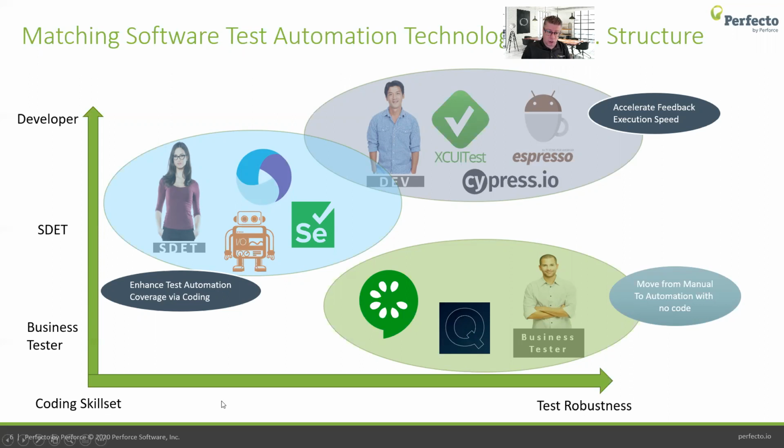Obviously, you need to talk about not just the coding skill set among the three different personas, but also the test robustness. And obviously, with these frameworks, the automation test cases are a bit more robust than test cases that are developed in Selenium and Appium.